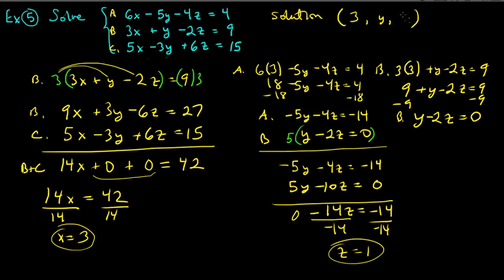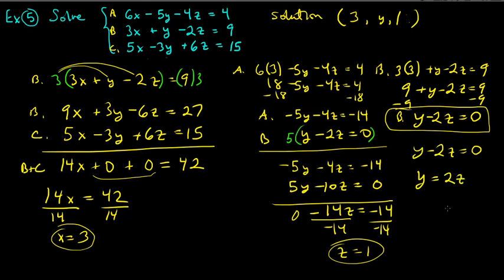And now all we have left to do is to find y. Here's how I'm going to do it. This is very easy here. At this stage, we have y minus 2z equals 0. So if you add the 2z to both sides, you get y equals 2 times z.